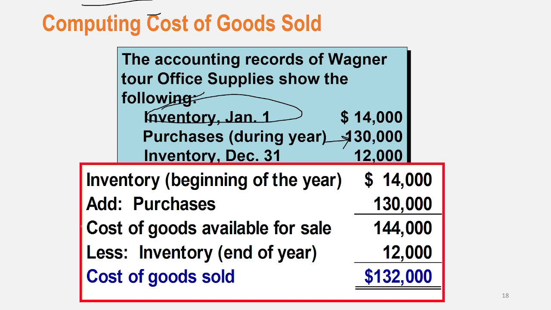For this purpose, we need to add beginning inventory to the purchases made during the year. So beginning inventory plus the purchases that took place, 14,000 plus 130,000 equals 144,000, the cost of goods available for sale.